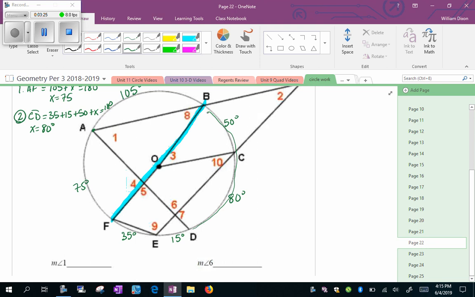So for angle 1, I'm going to add 50 plus 80, and that's going to be divided by 2 because I need half of it. And it equals 65 degrees.